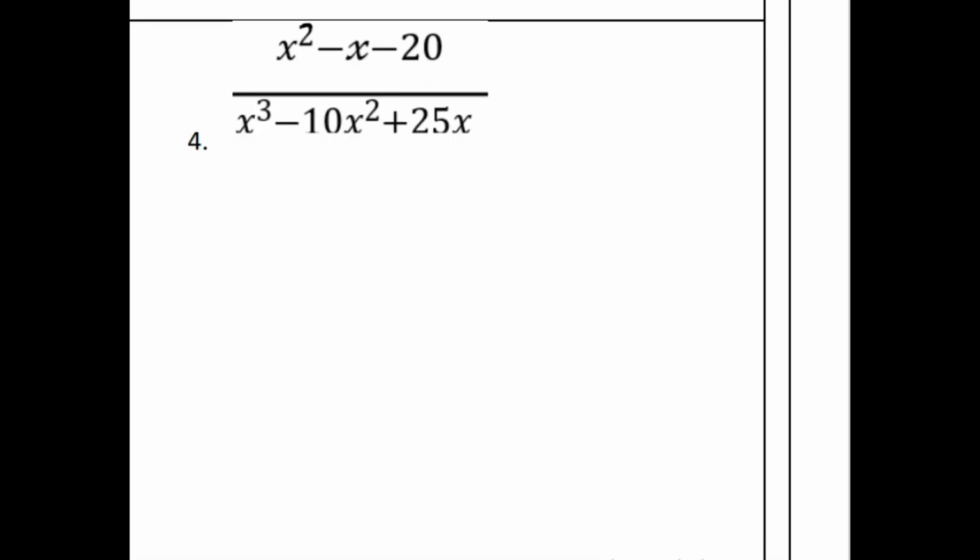Moving on to the last question for the day. The numerator is again a quadratic function and you know how to solve it using the sum and product. I'm going to have a sum of negative 1. See, negative x means the coefficient of x is negative 1 here.